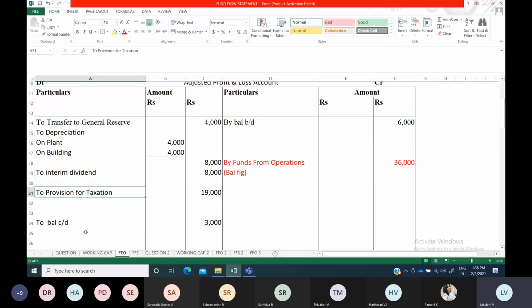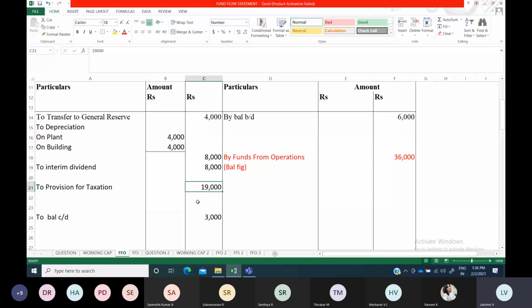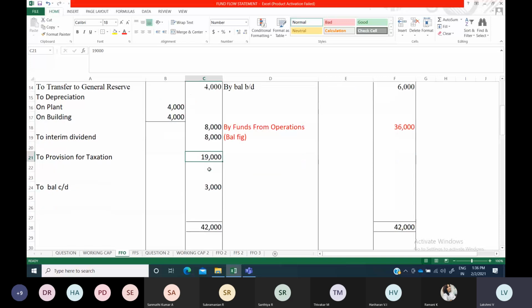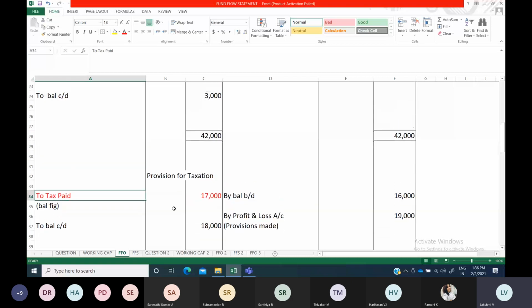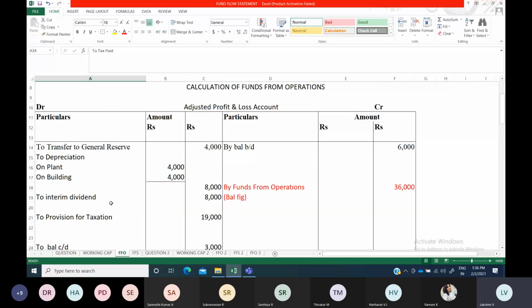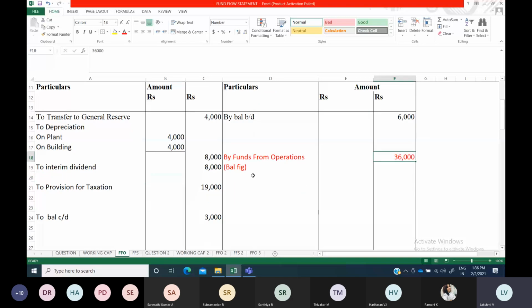Provision for taxation made during the year: if you create a provision, that amount will come here. Tax paid you should not take here. Tax paid will come only in the fund flow statement. So this is the thing for preparing your adjusted P&L account and calculating your funds from operations.